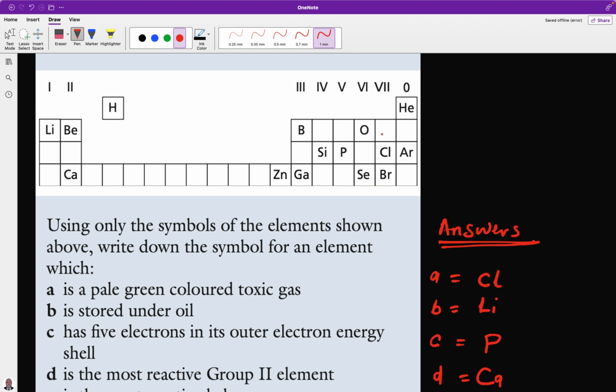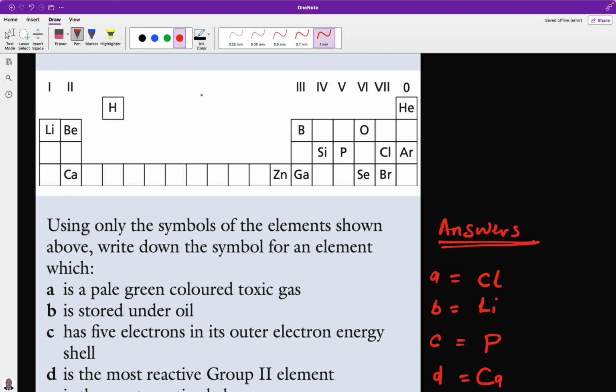Group 0 elements are all gases, but the one that has only 2 electrons is helium. Helium belongs to period 1, which shows that it has only 1 shell, and the only shell has 2 electrons. Hydrogen is 1, helium is 2.